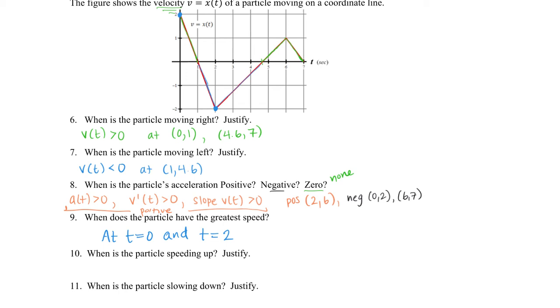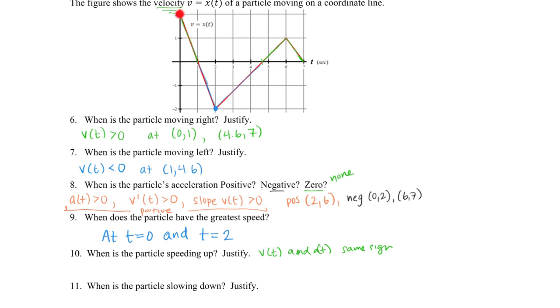Okay, last question. When is the particle speeding up? If they're speeding up, I want the velocity and the acceleration to have the same sign. So let's look at the beginning of the graph. Right here, the velocity is positive. Now is the acceleration positive?